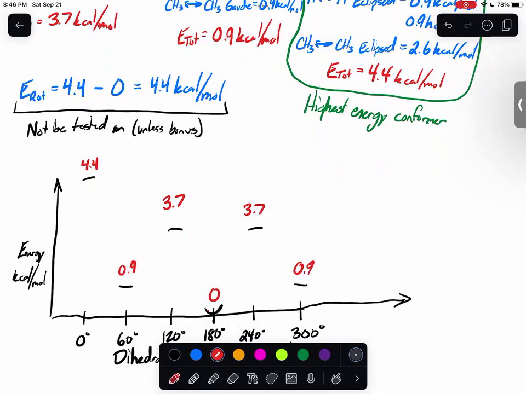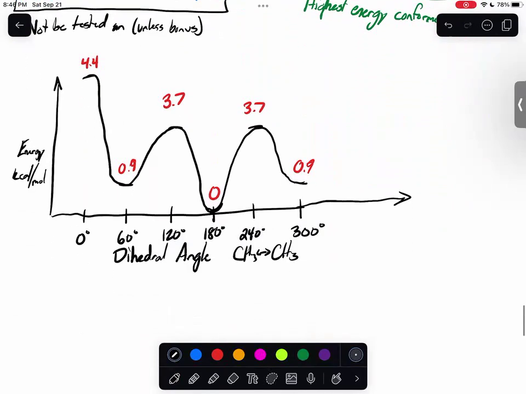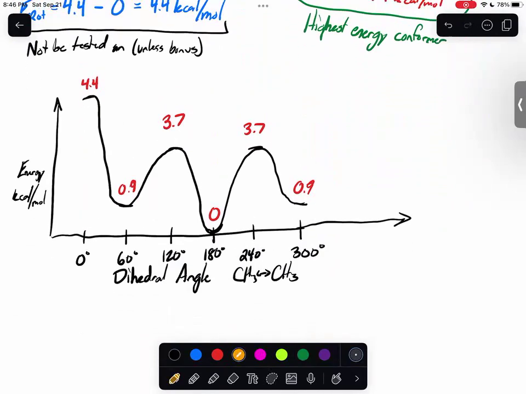So looking at this energy landscape, it's a little different from the other one we saw, right? Because the other one was just up and down. This one has some things that are kind of in the middle. But what you'll notice is there's a very interesting relationship that we can see just based on the angle, right? Our highest energy, which was the 4.4 right here, also happens to overlap with a complete overlap of the two methyl groups, right?